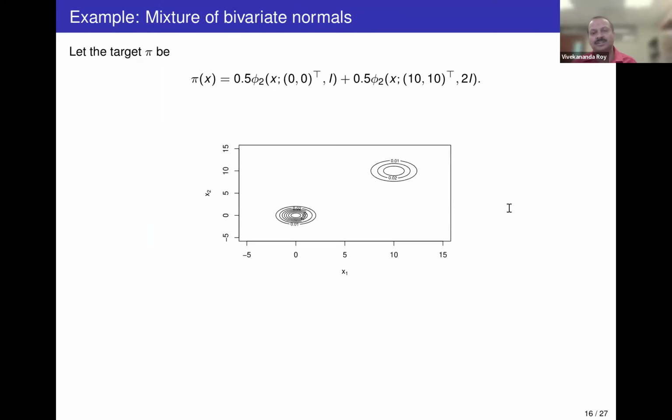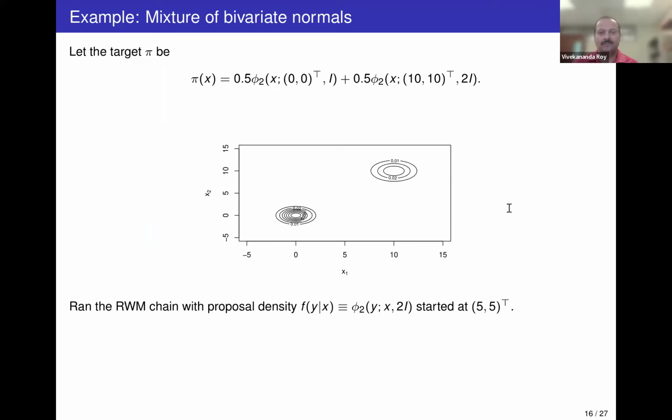Next, I consider a multimodal target. In particular, it's a bivariate normal mixture. One mode is at (0,0), the origin, another mode is at (10,10), with different variances. It is known that random walk suffers from slow mixing.